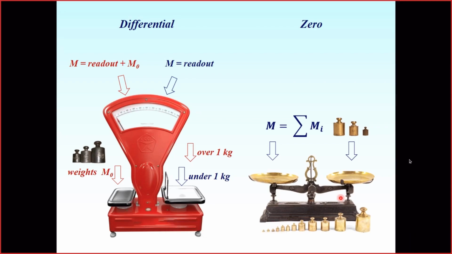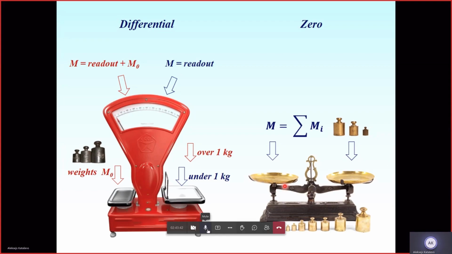More important, they may have a different length. And if they have a different length, that means if the side where we put our counterweights is a little bit longer than its counterpart, then to balance the scale, we have to put less mass of the counterweights than the actual mass of our object.